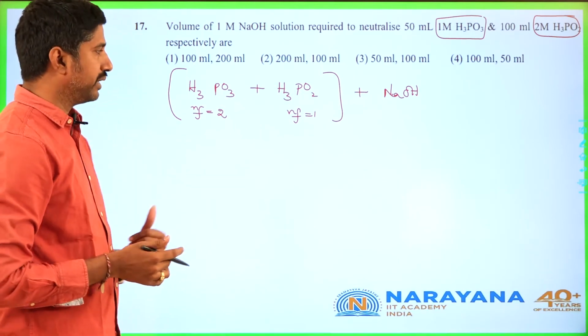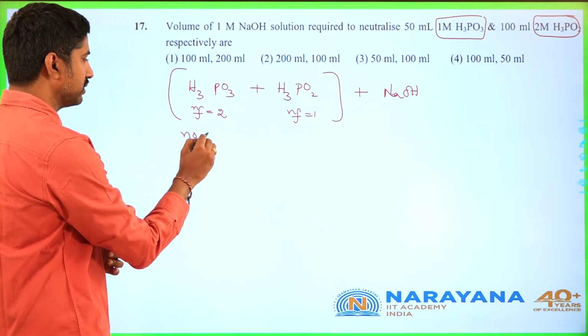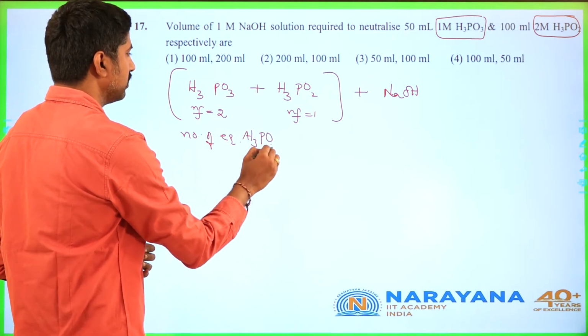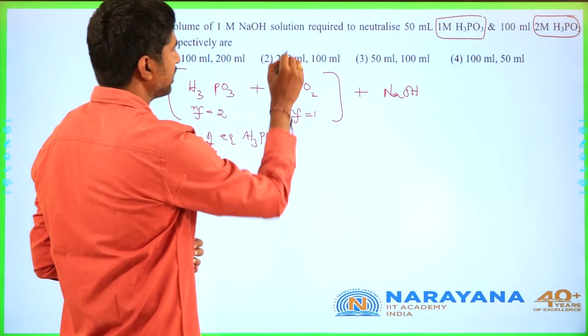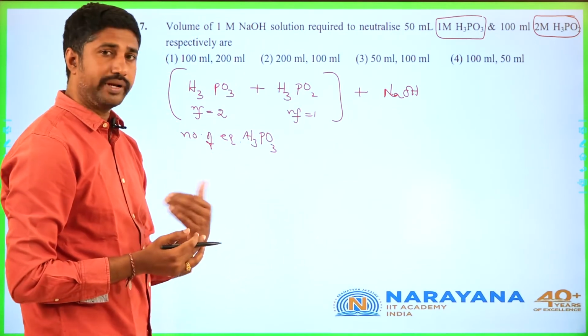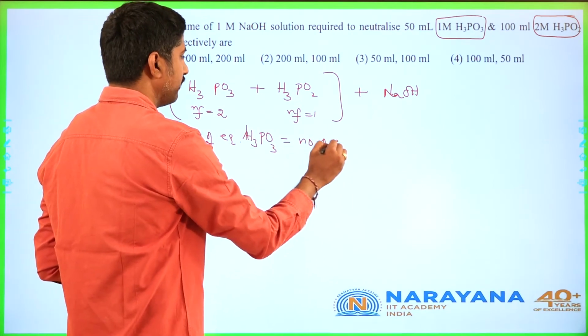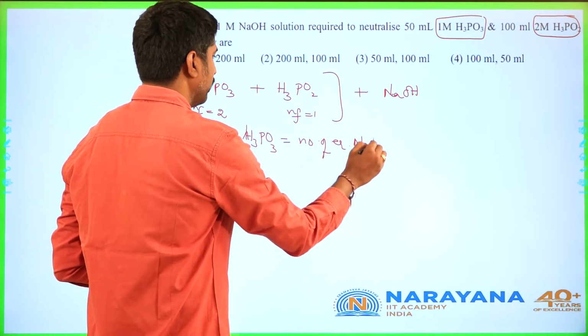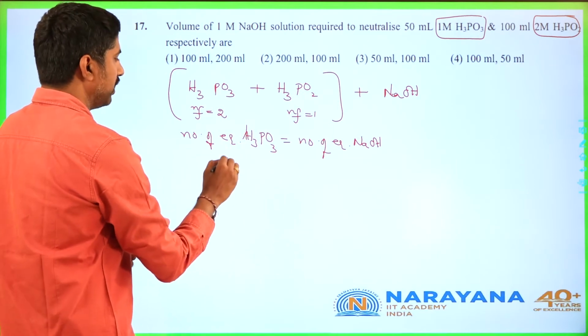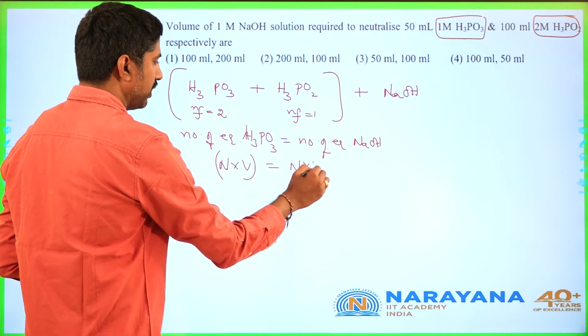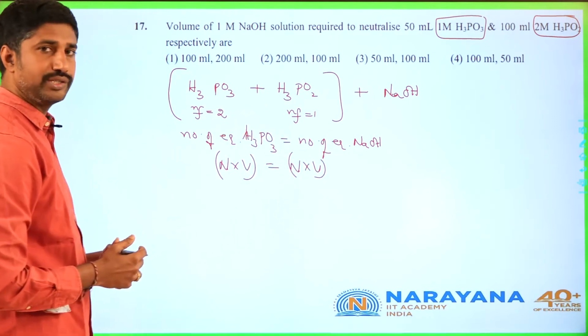As per the principle of equivalence, the number of equivalents of H3PO3 is equal to the number of equivalents of NaOH. So normality times volume of H3PO3 equals normality times volume of NaOH.